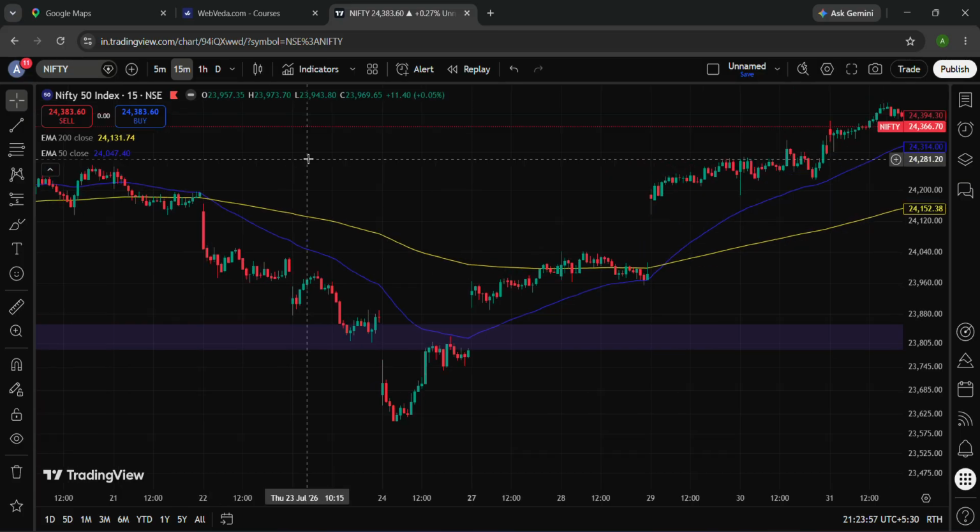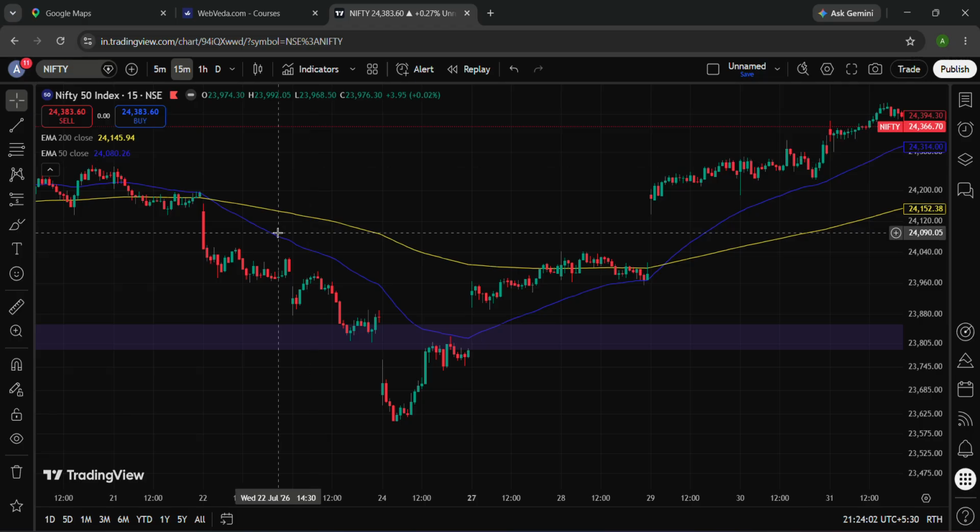So the 200-50 EMA crossover is told as the golden ratio. Why do we choose 20? Because the stock market is open 5 days a week, and it opens about 20 days in a month.